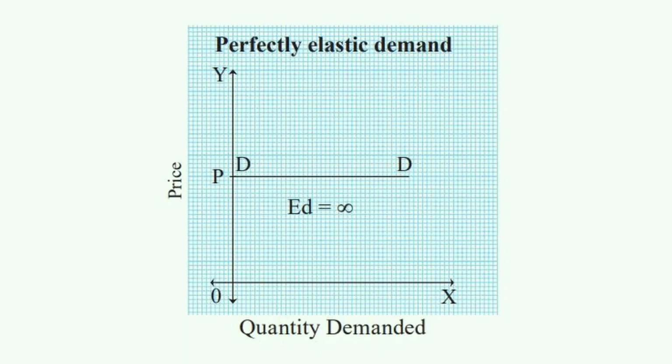And the last one is perfectly elastic demand, which basically means with no change in price, the quantity demanded changes like anything. This is a myth. Actually, consumers do not behave in that way. But to remember this graph in examination, remember the shape of E, and perfectly elastic demand actually takes the shape of E. So this is the price elasticity of demand.